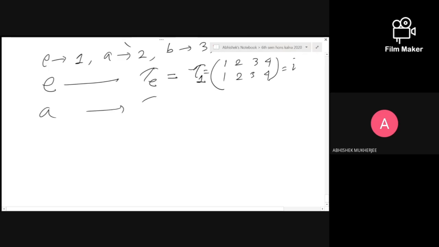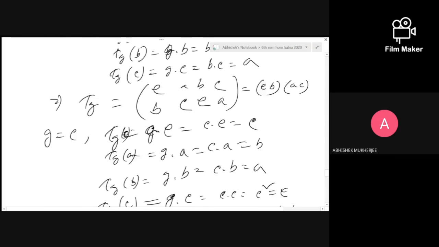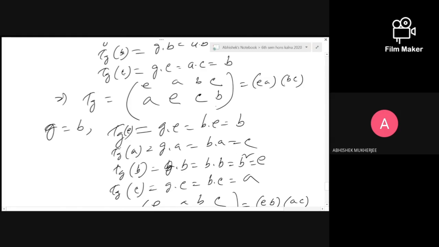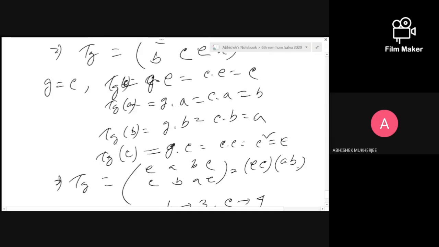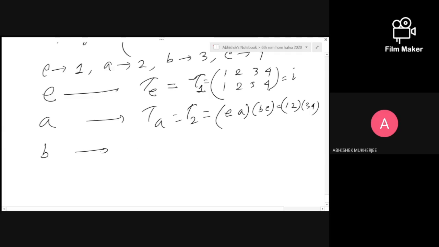Now A goes to tau A, that is tau 2. Now what is tau 2? Let us have a look at tau A. Tau A is (E A)(B C), the product of two cycles. But what is E A? E is 1, that is 1 2. What is B C? 3 4. So this is the permutation. Now B goes to tau B, that is tau 3, sorry.